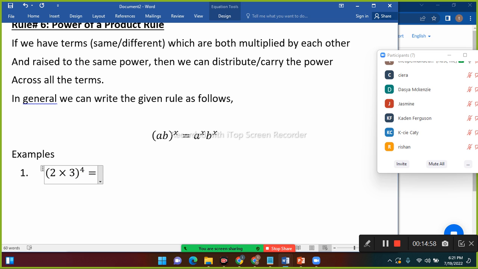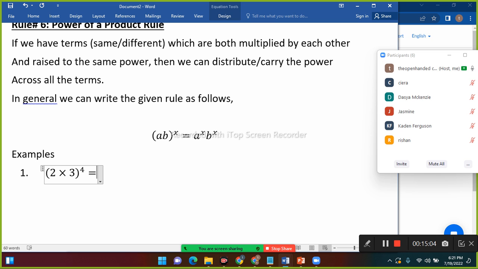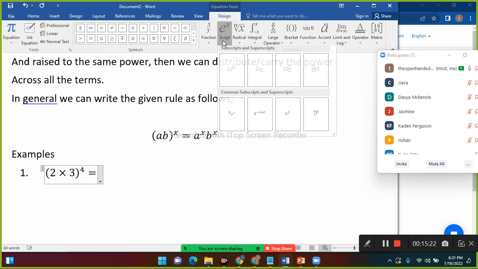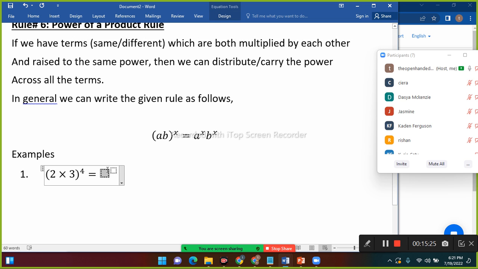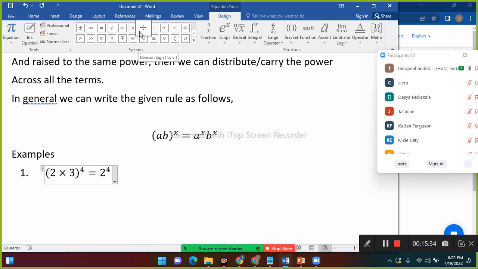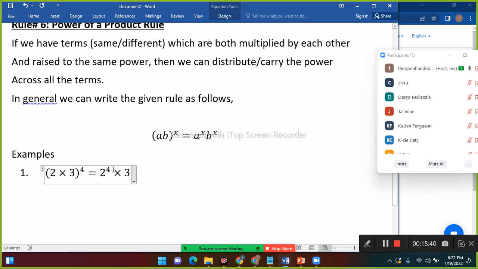And so I guess Sierra, you could help me with what this answer is going to be. How can we write that? Okay, that would be 2 to the power of 4 and 3 to the power of 4. Excellent. So we write it as 2 to the fourth power multiplied by, and we could use the multiplication symbol, or we can just use brackets, right? 3 to the power of 4.